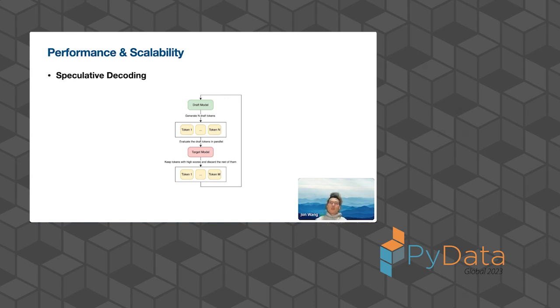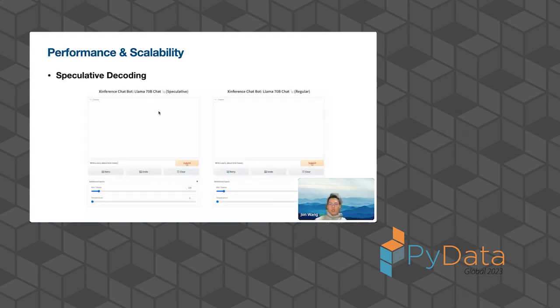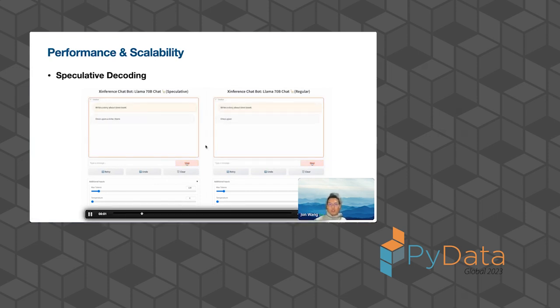And impressively, a draft model of 7 billion parameters can accelerate a 30 billion parameter model by up to 100%. Here's a demo of Llama 30 billion. As you can see, on the left side is a speculative decoding instance, and on the right side is a regular instance. And the speculative one is much faster than the regular one.